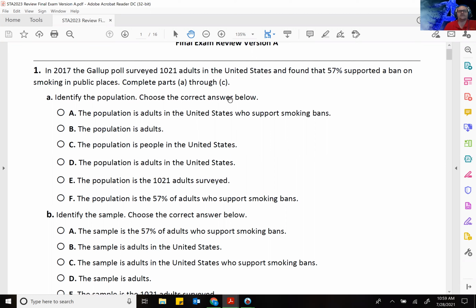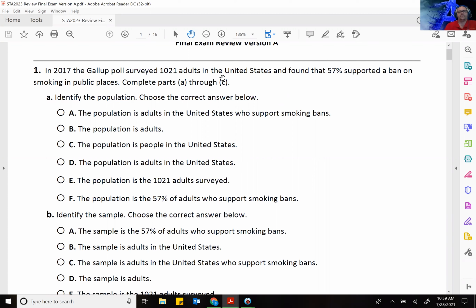So part A says, identify the population. So you got A, B, C, D, E, or F. Who is the population? What do you think? Would it be D? D says the population is adults in the United States. I like it. And that is correct.